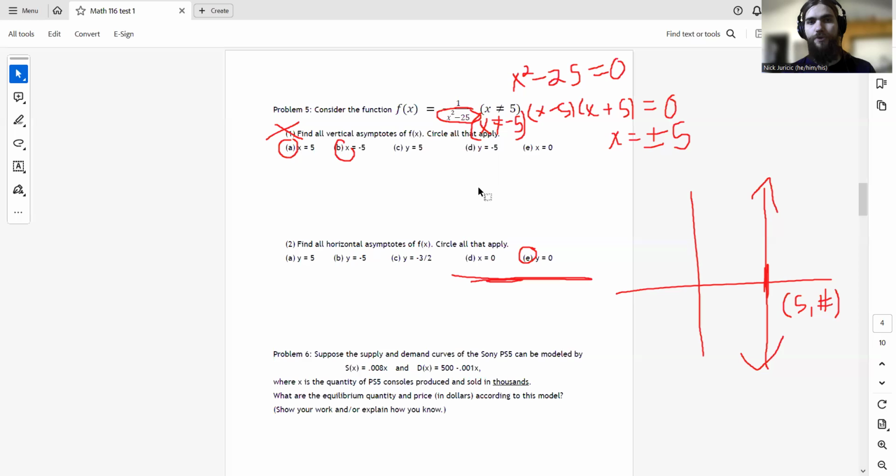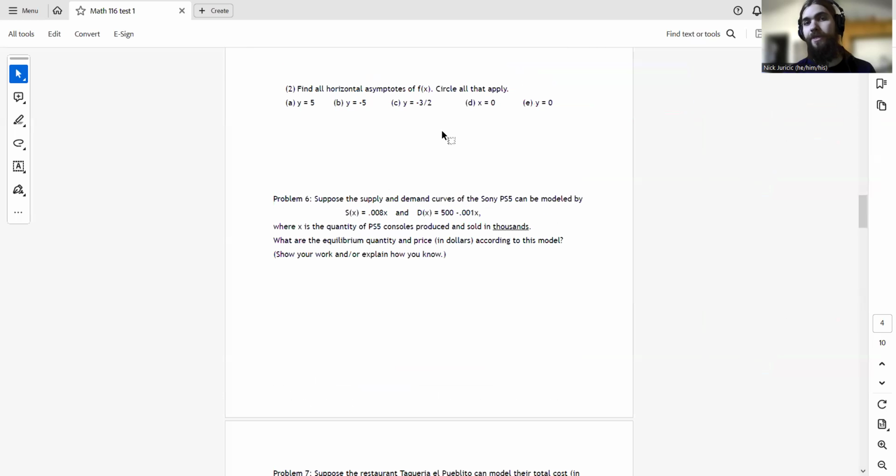There's also this question about supply and demand, finding equilibrium quantity and equilibrium price. Intuitively speaking, equilibrium occurs when supply is equal to demand. So we can start here by setting them equal to each other, even if I don't know about the units of the problem. We can look at that later.